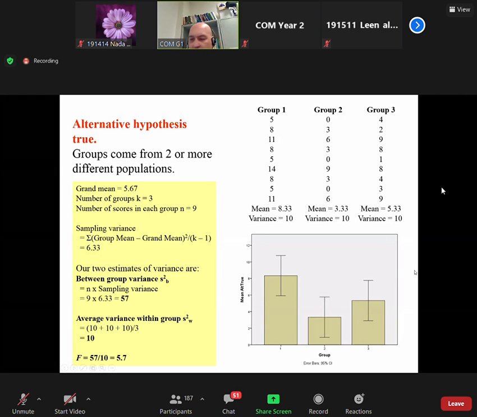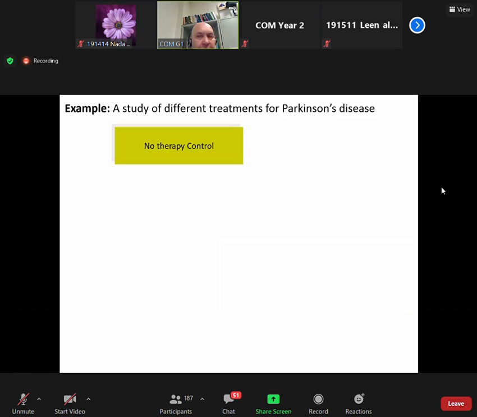Let's maybe go on a bit. So I'm going to go through an example. We're looking at different treatments for Parkinson's disease. There's a no therapy control, so these patients are not given anything, basically.